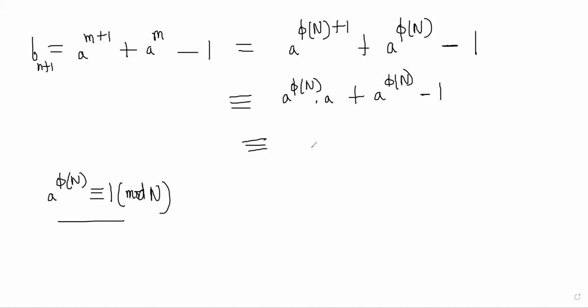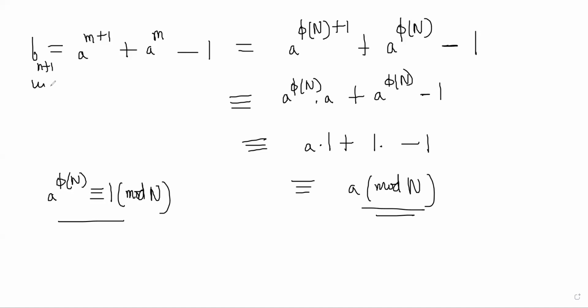So this is congruent to A into 1 plus 1 minus 1, or congruent to A mod N. So we are getting B of N plus 1 is congruent to A mod N, right?